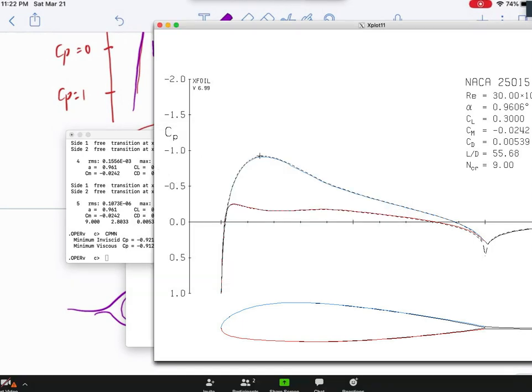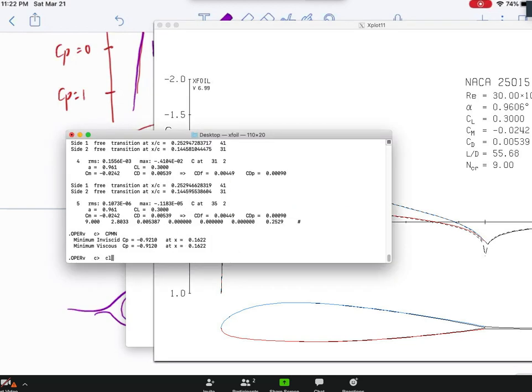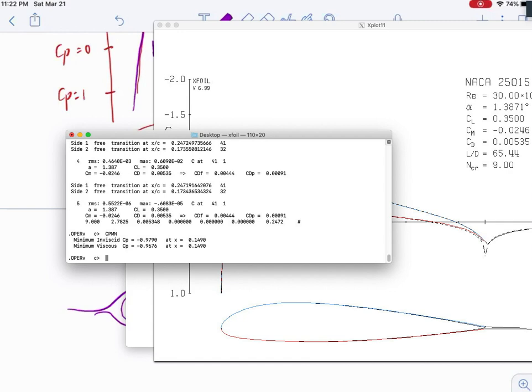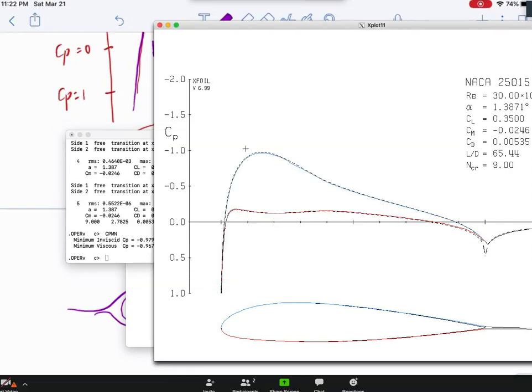You can see the suction peak right here, at about quarter chord or 20% of the chord. Definitely upper surface, blue line. And we're getting close to -1. If I go to CL of 0.35, I suspect we will have crossed, no, we're right on the line. So I don't think we can go much more than 0.35. We're going to hit this barrier.